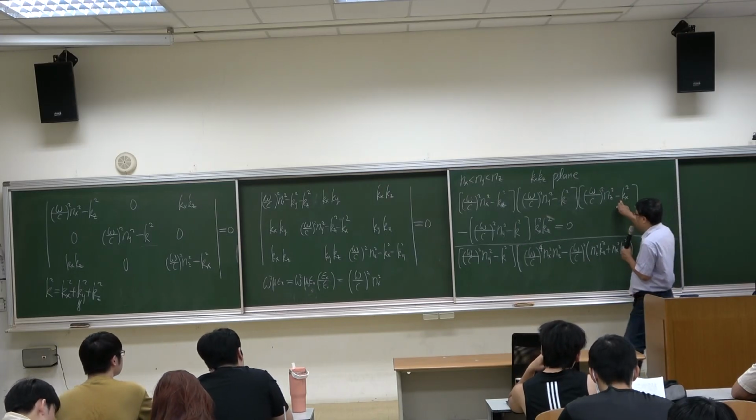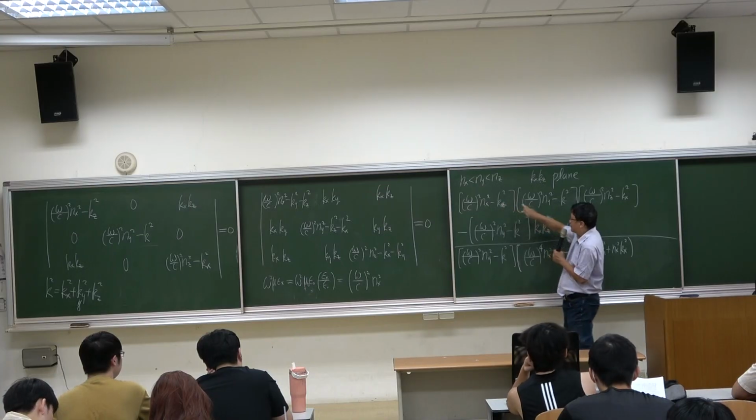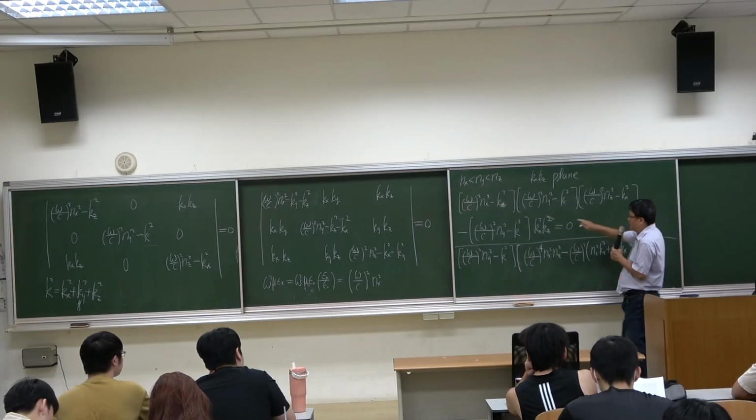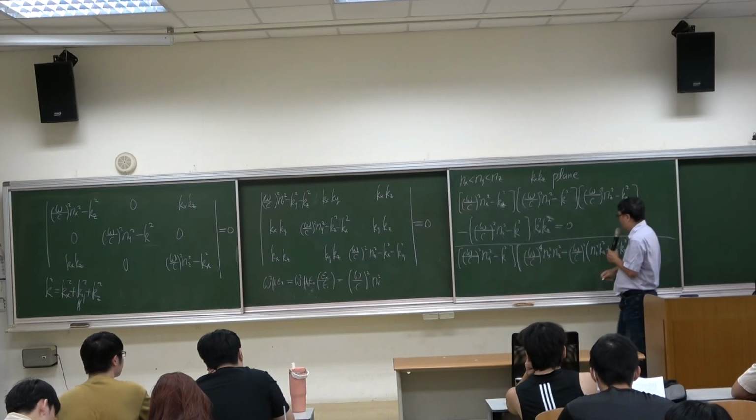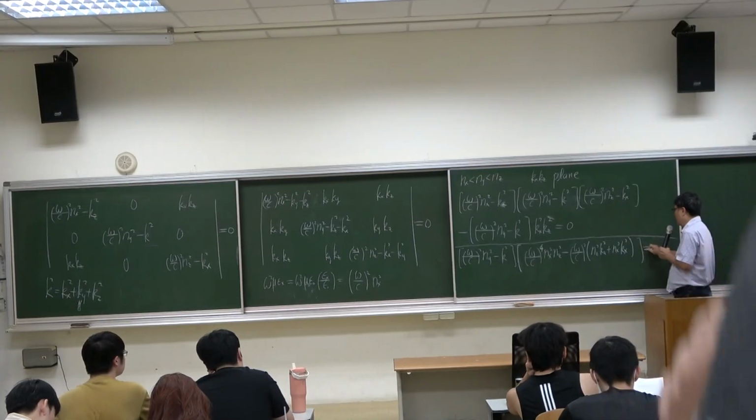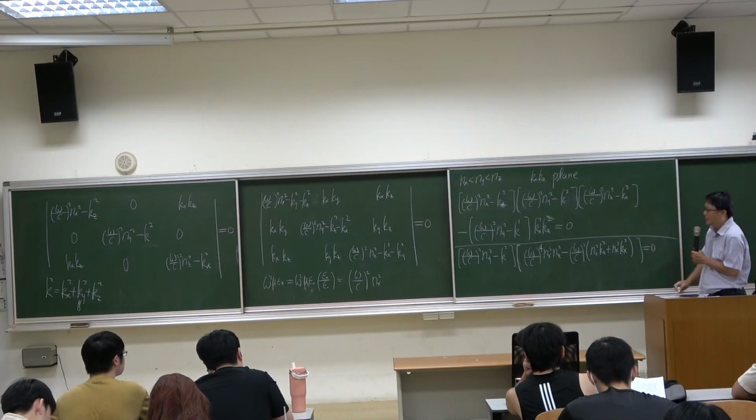And finally we have the product of kx squared and kz squared minus this kx squared kz squared. Okay, so we have this.